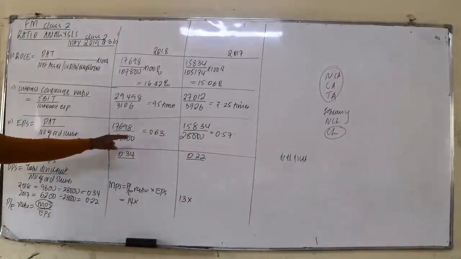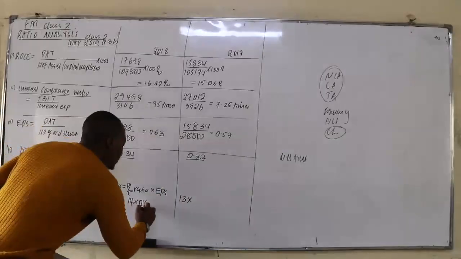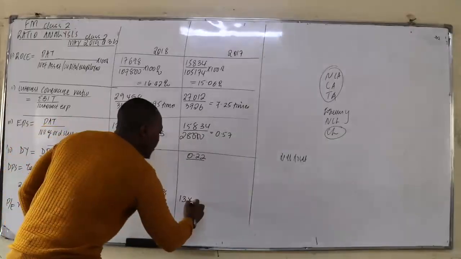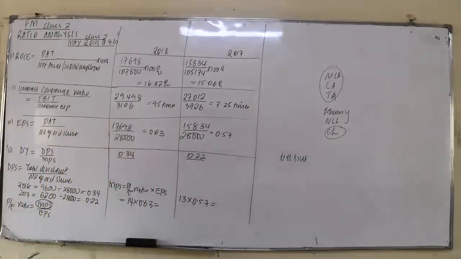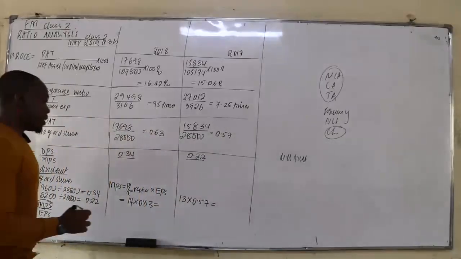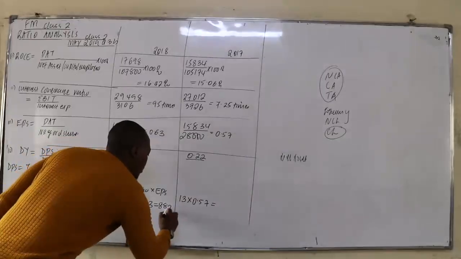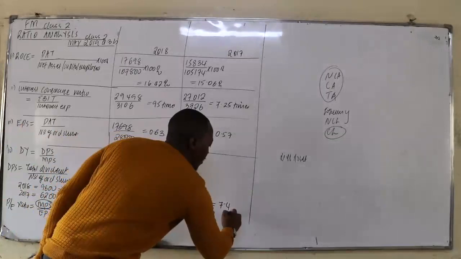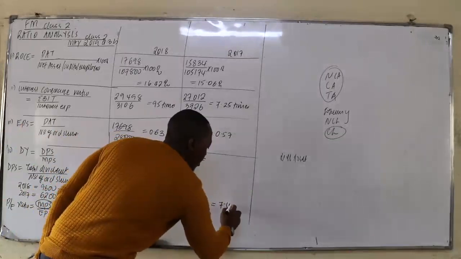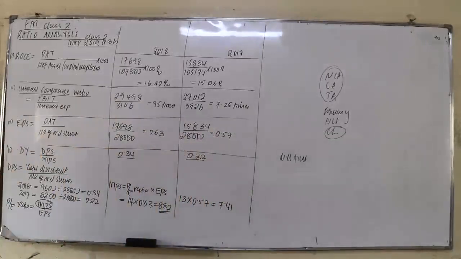The earnings per share was 0.63, and that was 0.57. So how much is the market price per share? 8.82 and 7.41. Good, now we have the market price per share.